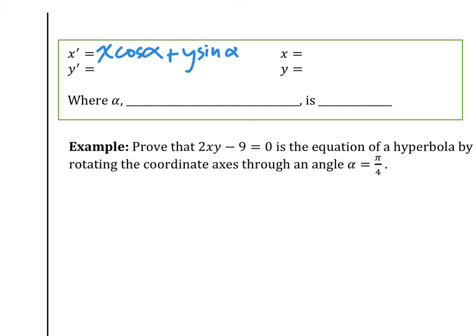And then the y prime equation is minus x sine alpha plus y cosine alpha. This is the equation if you want to go from the original axis to the new axis with a rotating angle.